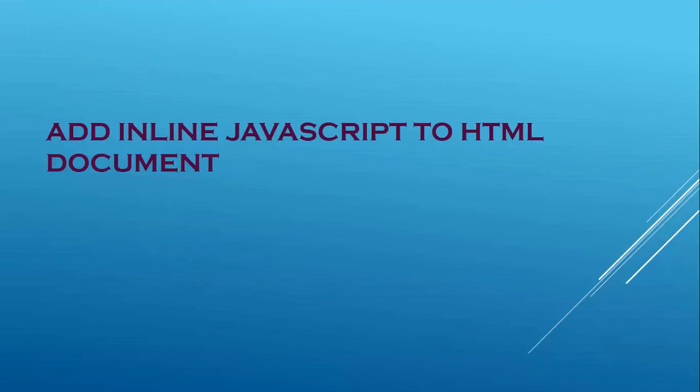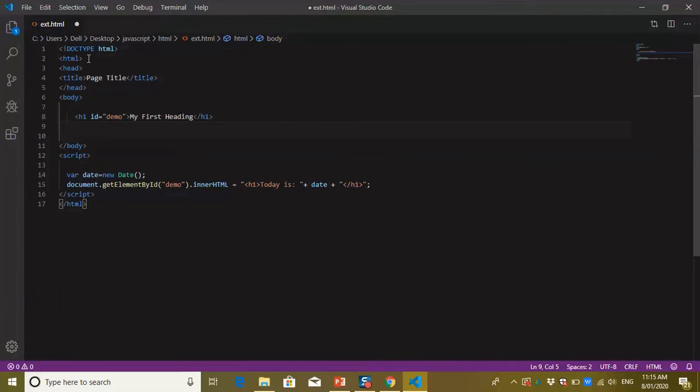We will add inline JavaScript in HTML. So let's go to our text editor. JavaScript has a dedicated HTML script tag that wraps around the code. The script tag can be placed inside both the head and the body tag.